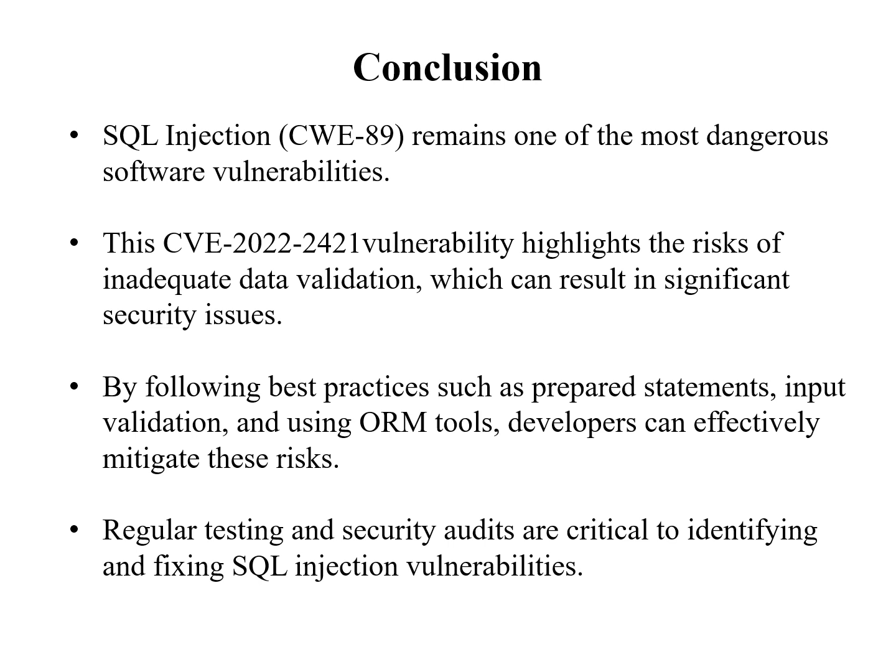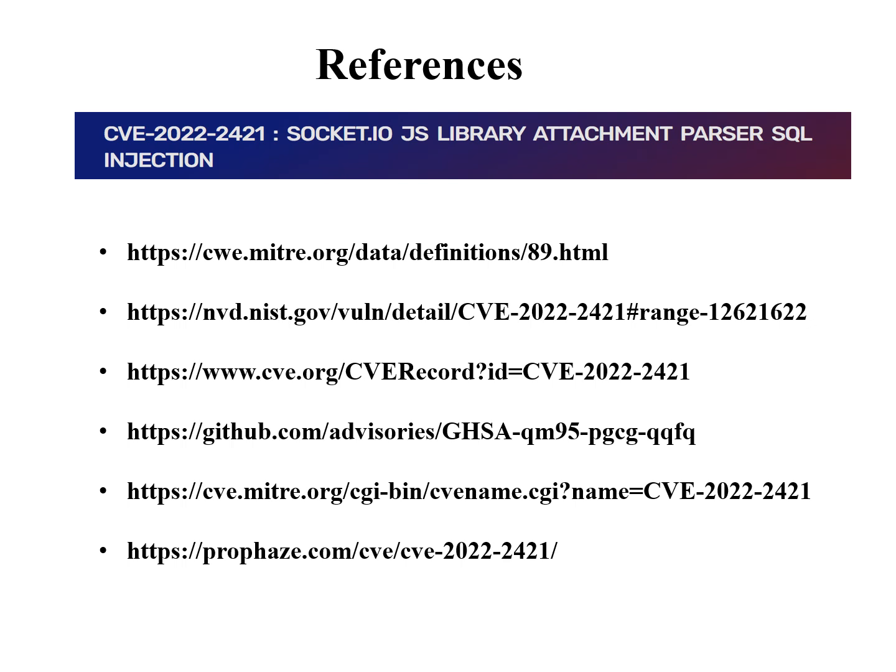To effectively mitigate these risks, developers should adopt best practices such as utilizing prepared statements, implementing robust validation, and using ORM tools properly. I collected the code examples for this presentation from the NVD database, the CWE database, and some GitHub repositories.